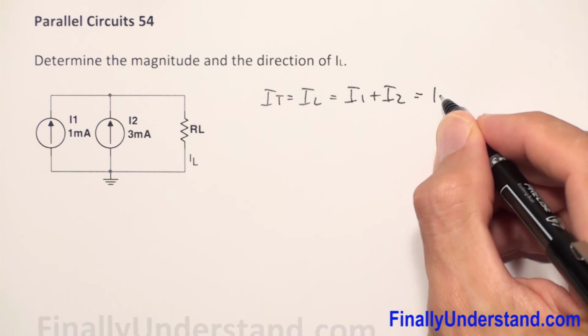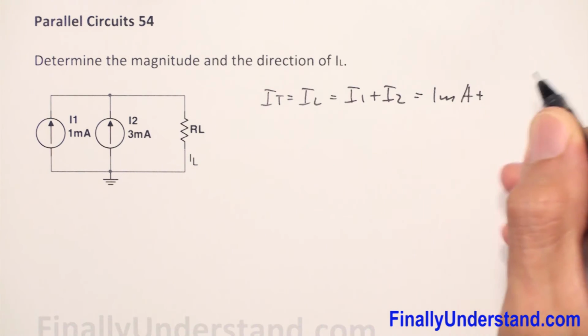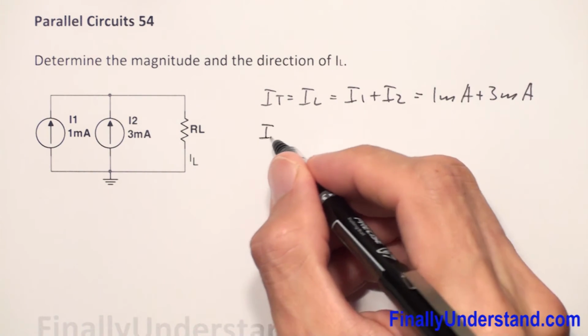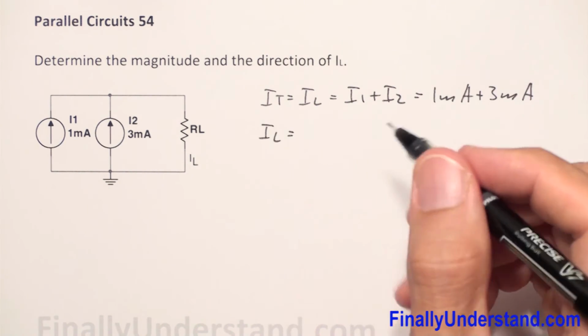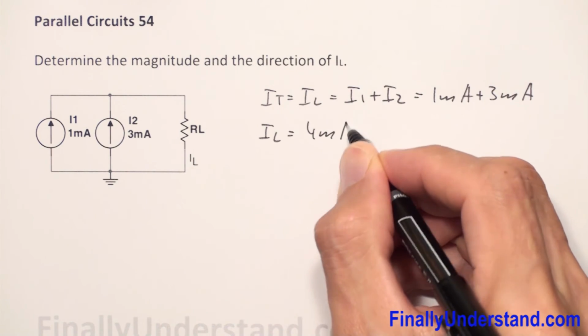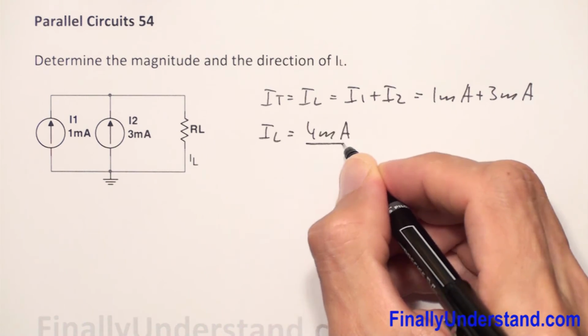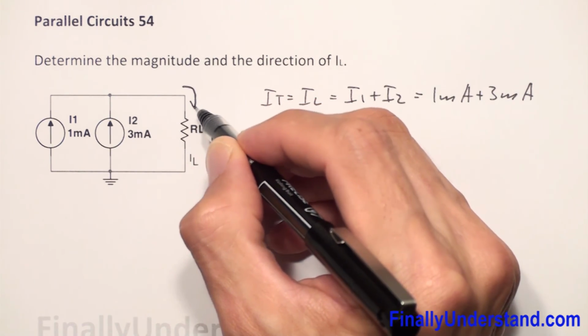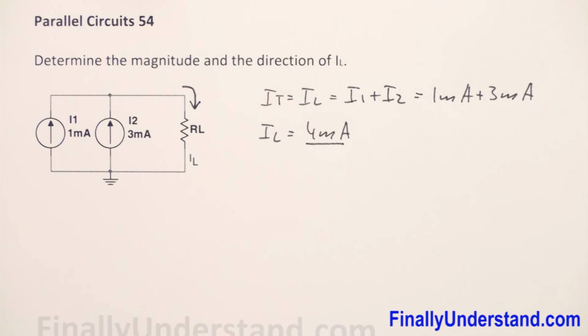So this is equal to 1 milliamp plus 3 milliamps. So IL, which is also equal to my I total, is equal to 4 milliamps. And the total current is going to flow in this direction. So this is the solution to my problem.